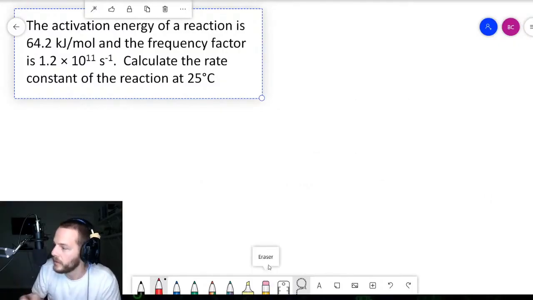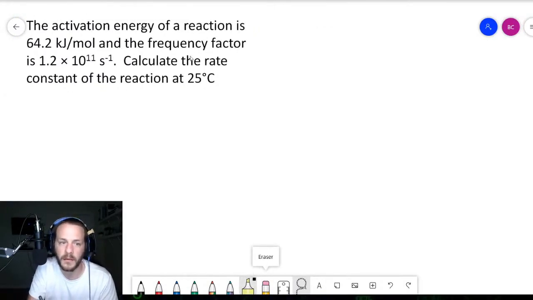So I like to start pretty much any chemistry problem by identifying the important relevant information. So activation energy, that's going to be important, right? That's the 64.2 kilojoules per mole. Frequency factor, 1.2 times 10 to the 11 inverse seconds, also very important. And then we need the rate constant, and the temperature is 25 degrees Celsius.